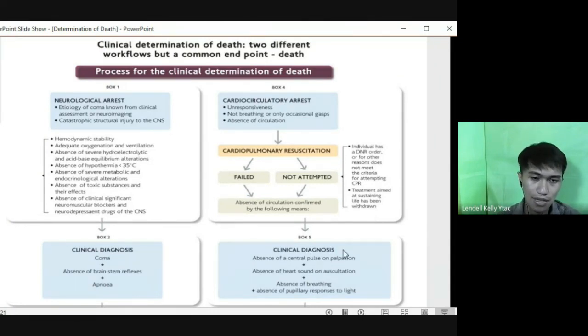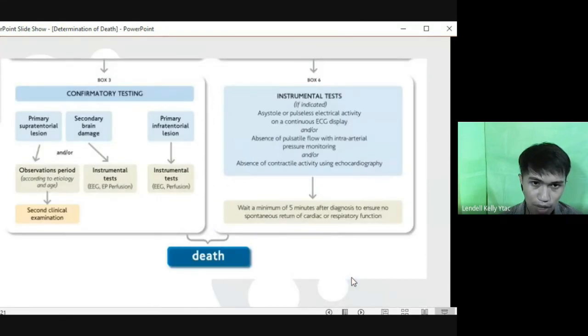Looking back at this algorithm, we need to meet the criteria. What are the criteria? Absence of central pulse palpation, and also auscultation. What else? We still need to meet the instrumental test.